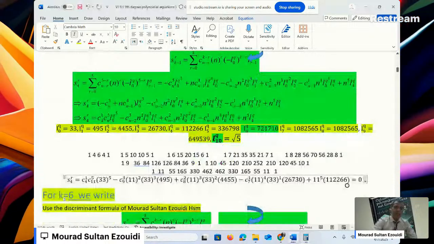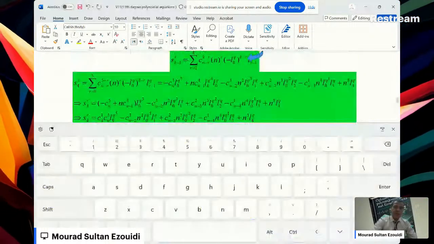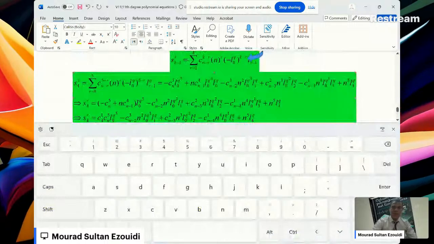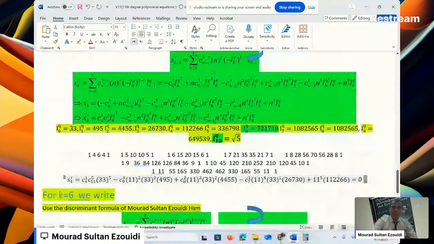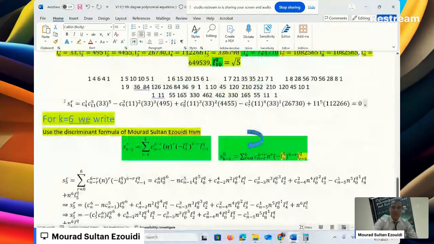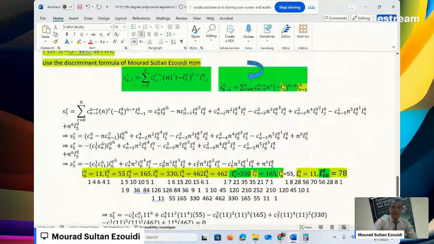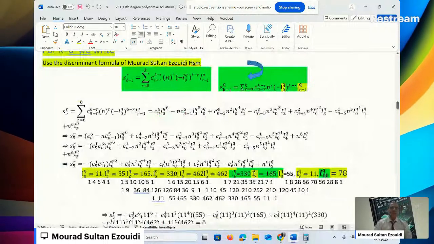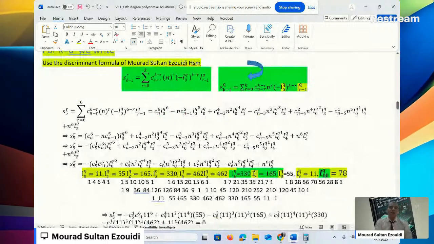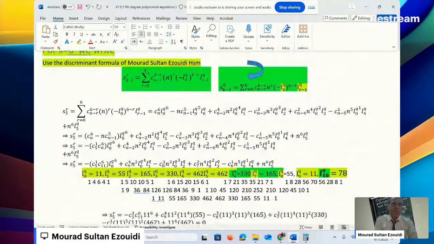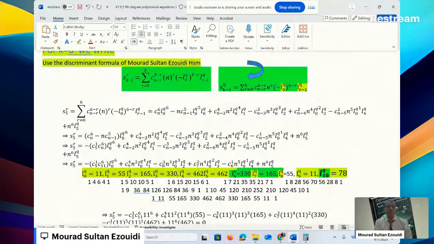Now I want to find, step by step if possible, S5. To find S5, my kids, go and use the Ezouidi theorem, or the Mourad Sultan Ezouidi theorem.